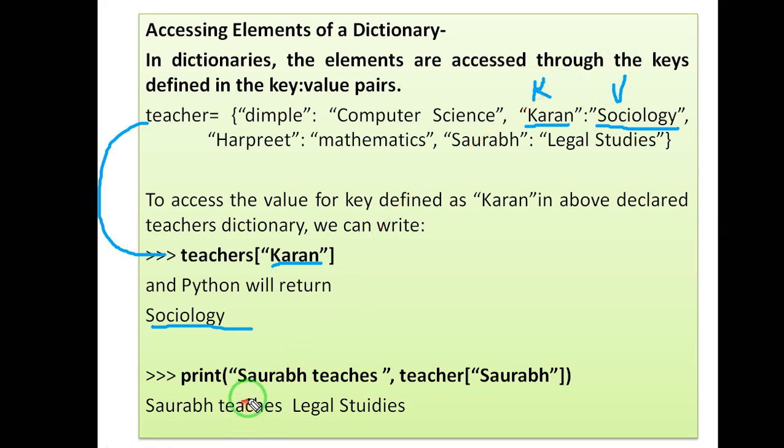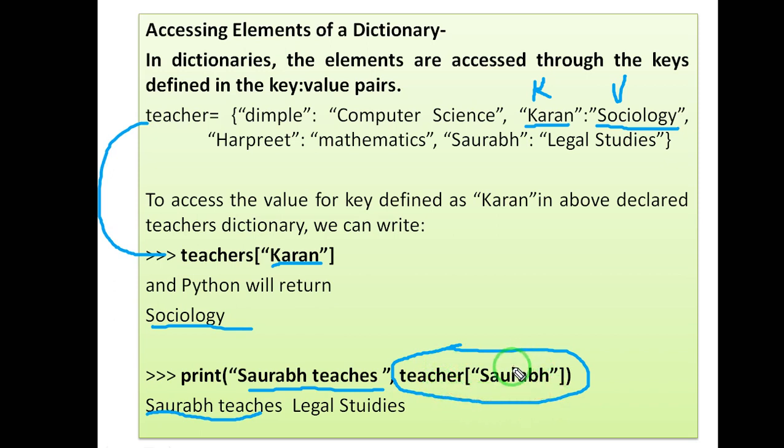Whatever you write within double quotes, it will display as it is. I have used the print command over here, so "Saurabh teaches" is coming as it is, and then this portion over here. Here teacher is the dictionary and Saurabh is the key in that dictionary.